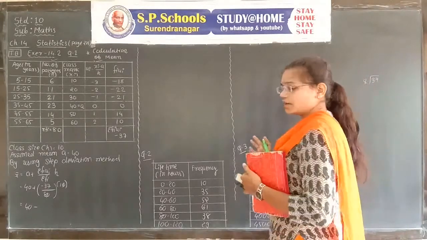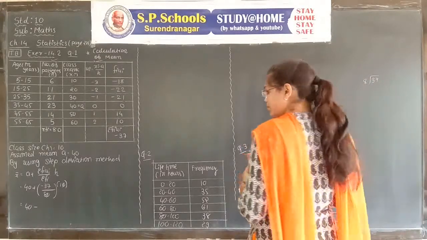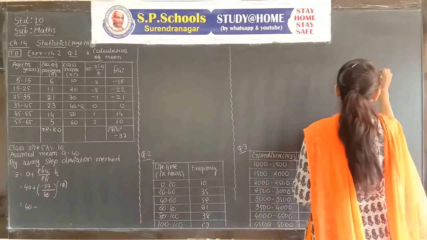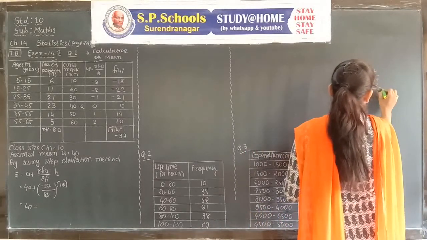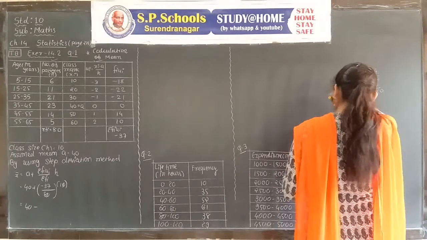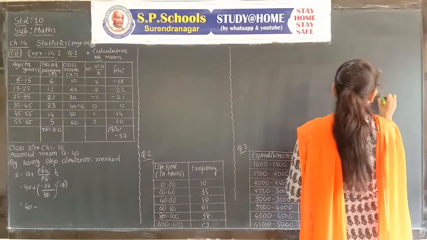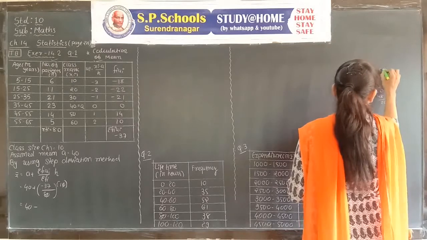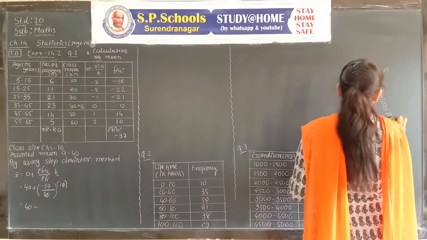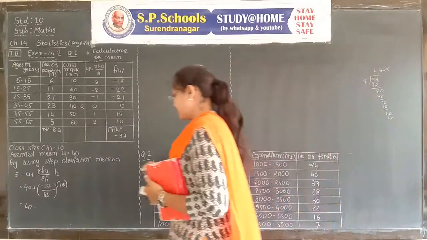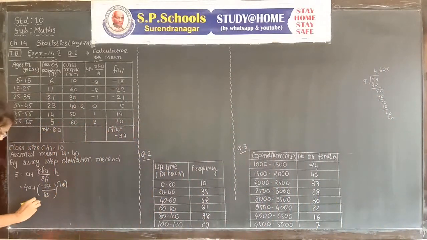If you are not able to do the division, use our first chapter. The division gives 4.625.